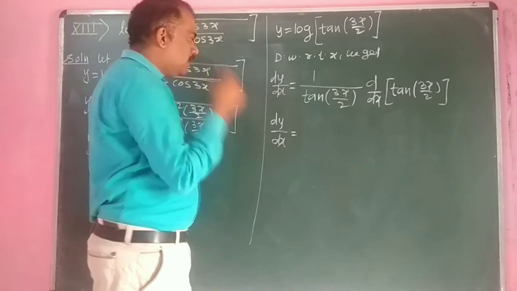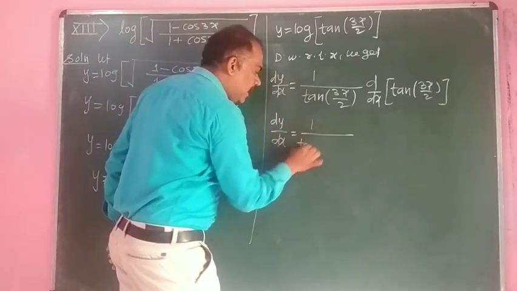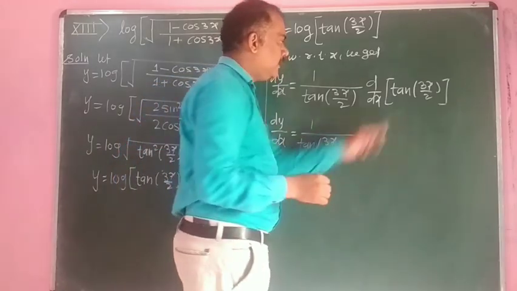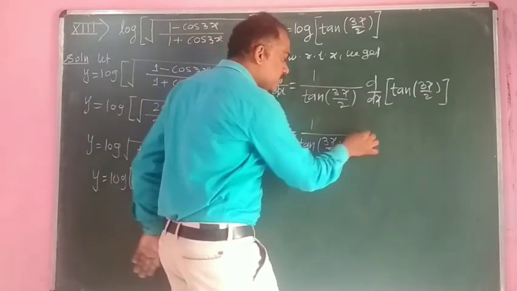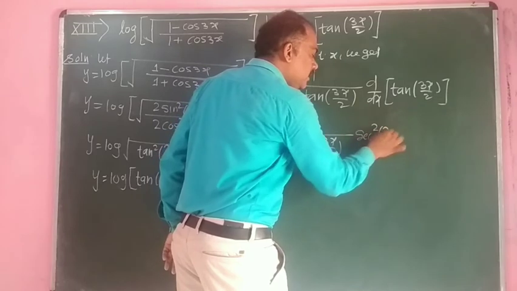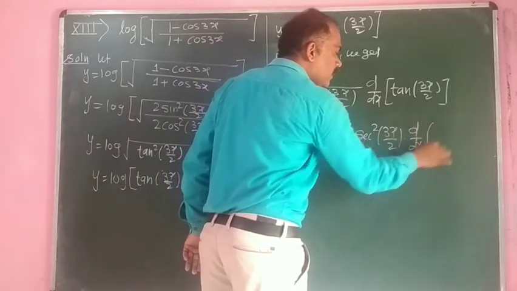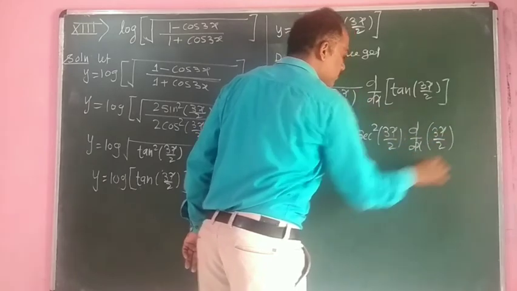So dy by dx is 1 upon tan of 3x by 2 into the derivative of tan, which is sec square 3x by 2, into d dx of 3x by 2.